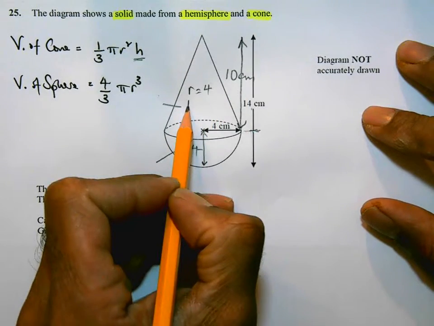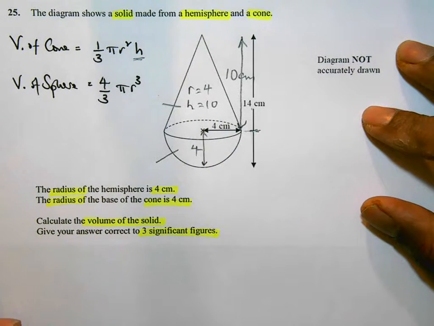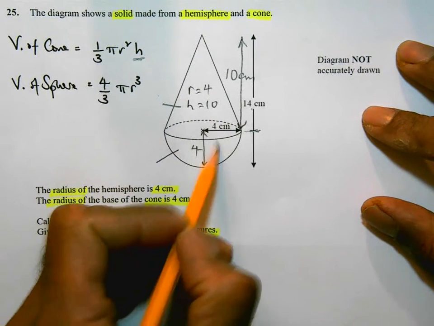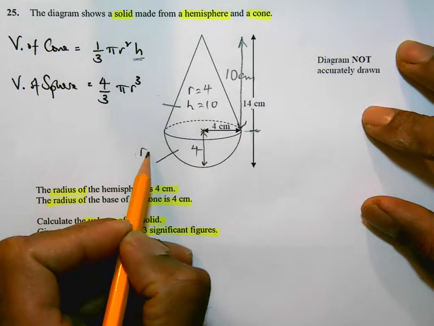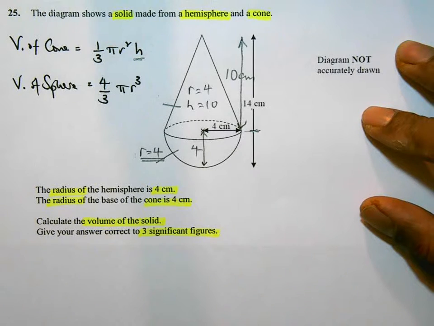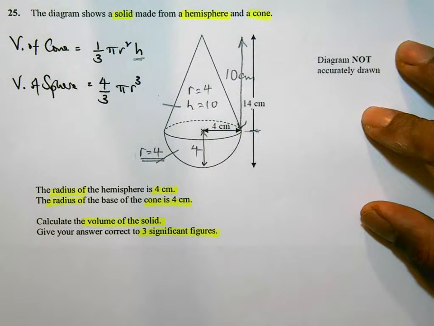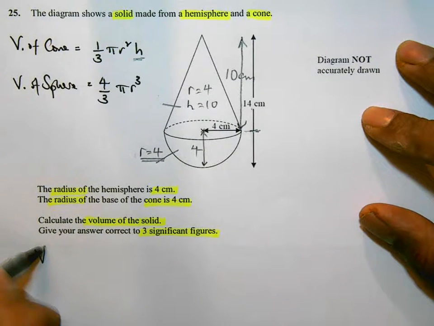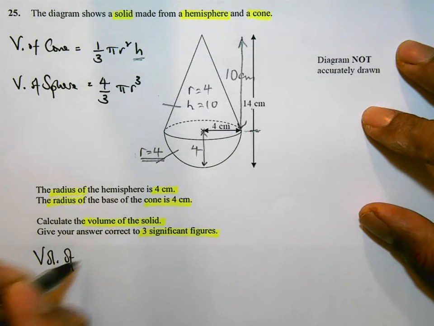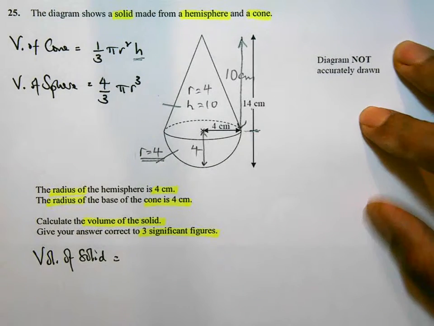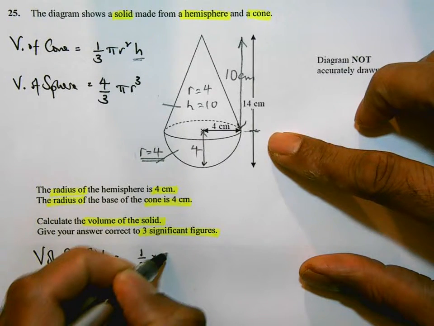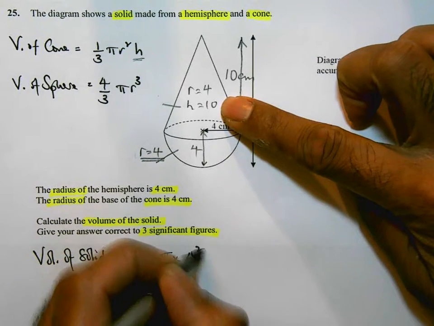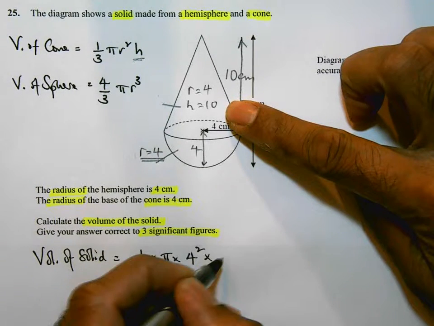For the sphere at the bottom, as we just said, the volume of a sphere is 4/3 pi r cubed. The radius is going to be 4. I could use those two facts to now work out the volume of the whole shape. So the volume of the solid is going to be the volume of the cone, which is 1/3 times pi times its radius, which is 4 squared, times its height, which is 10.